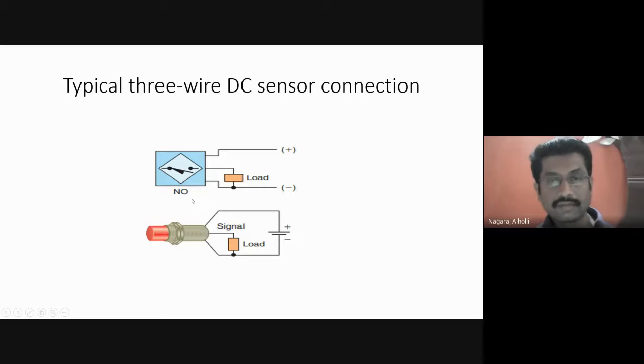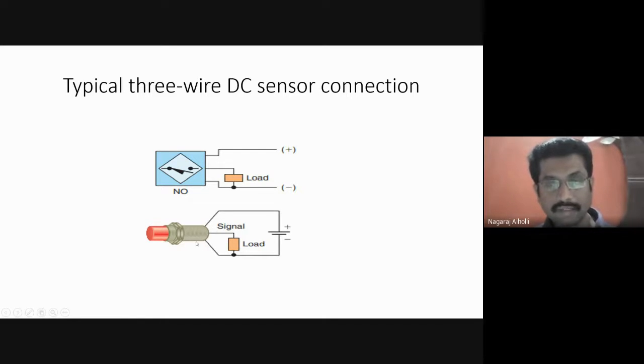If it is not in the normally open state, if it is in the closed state, normally closed state, then this wire will be disconnected from the positive terminal, and we have the other way, that is one is connected to the load.